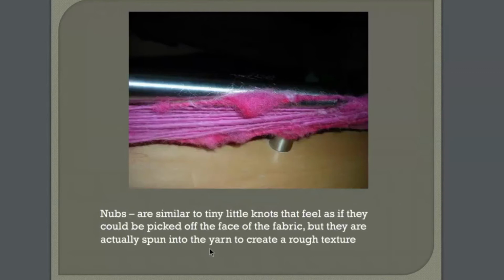Something else I'd like you to keep in your vault as an interior designer: when something has more nubs or a rough surface, it typically tilts a little more rustic, a little less formal, with a little less luster, so it tips in that more informal direction.